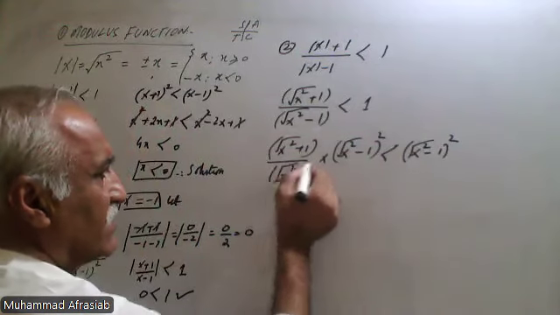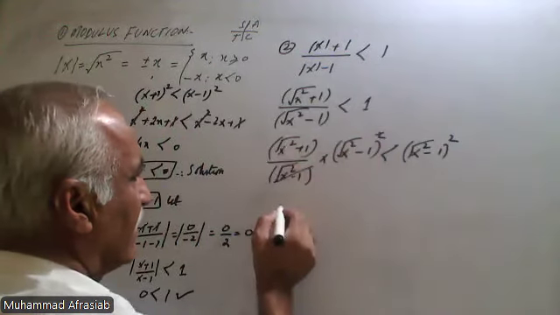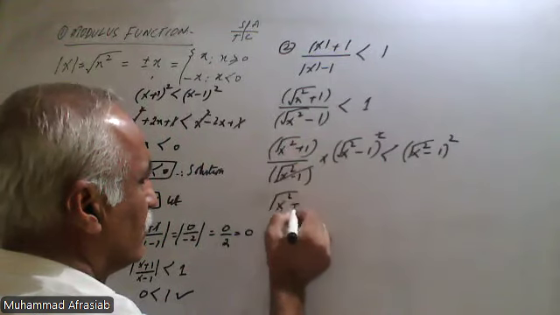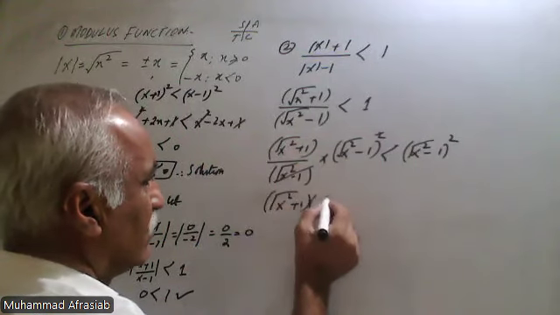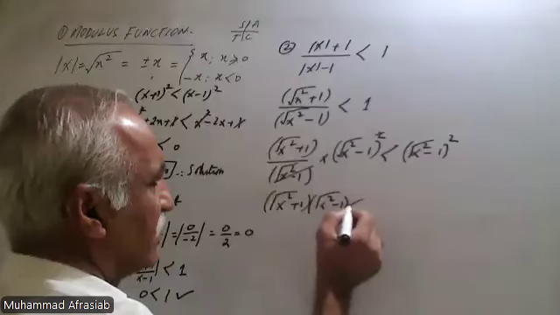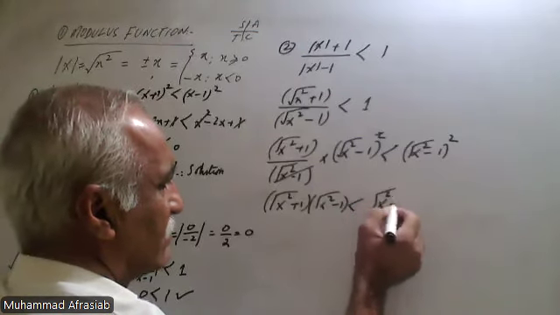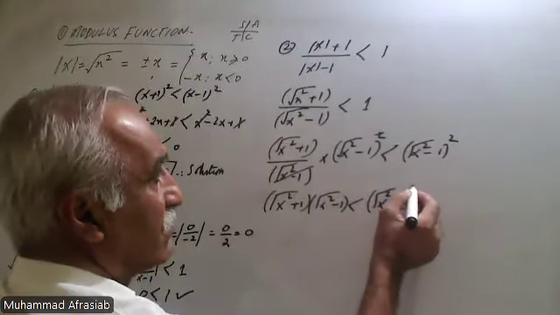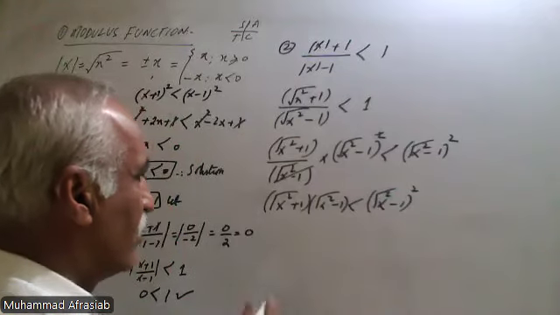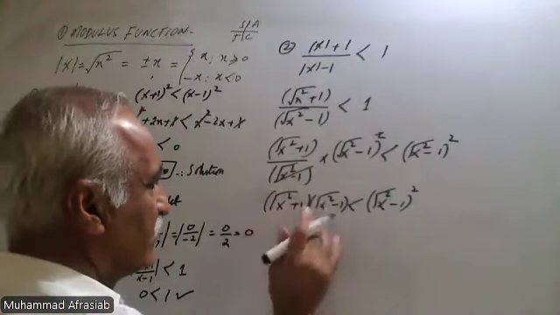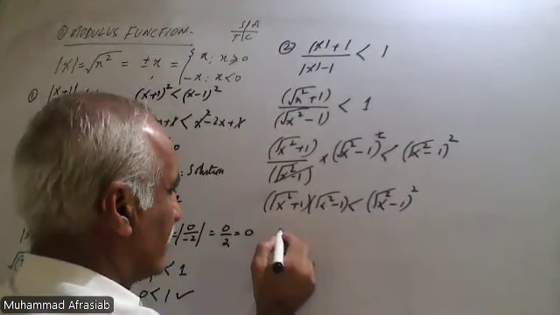So this will cancel by this power. It is (|x| plus 1) into (|x| minus 1) is less than (|x| minus 1) whole square. Now it is (a plus b) into (a minus b), which is a square minus b square.